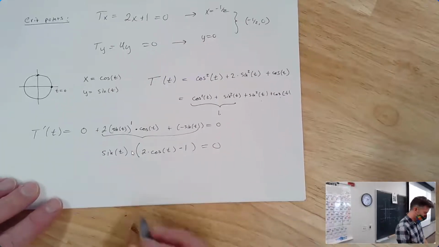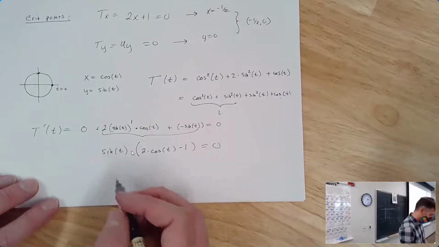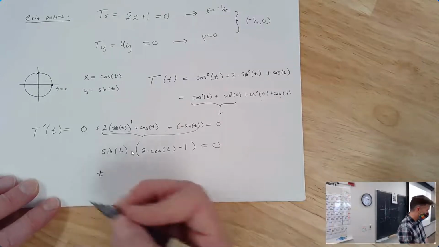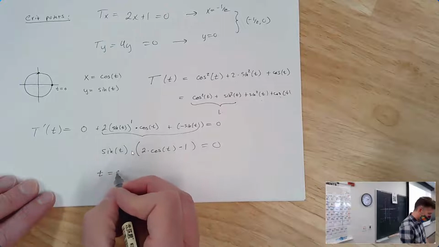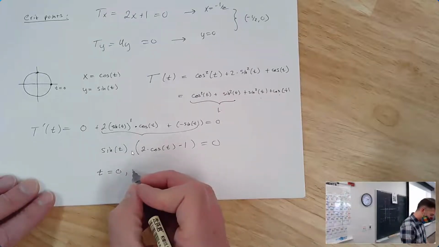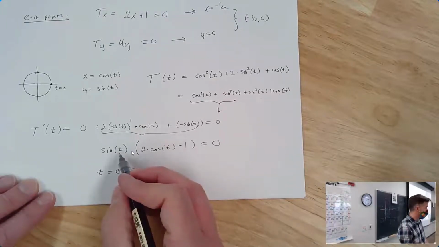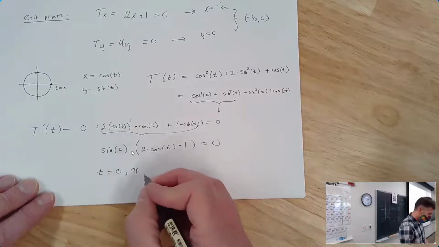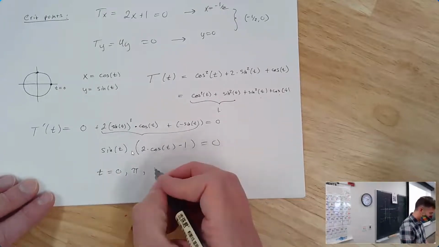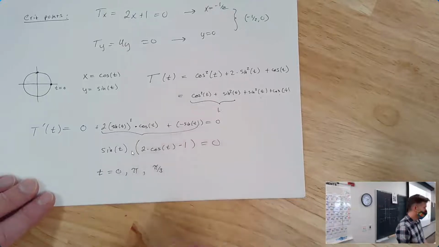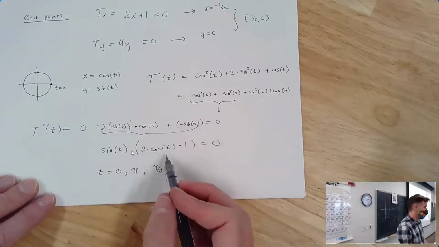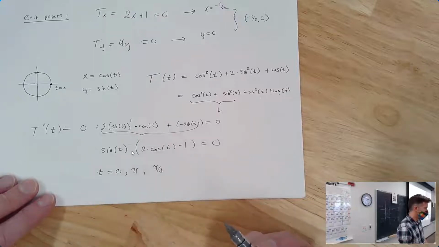All right. So t, the angle, could be 0. t could be pi, because sine of pi is also 0. t could be pi over 3, because cosine of pi over 3 is 1/2, and 2 times 1/2 minus 1 is 0.